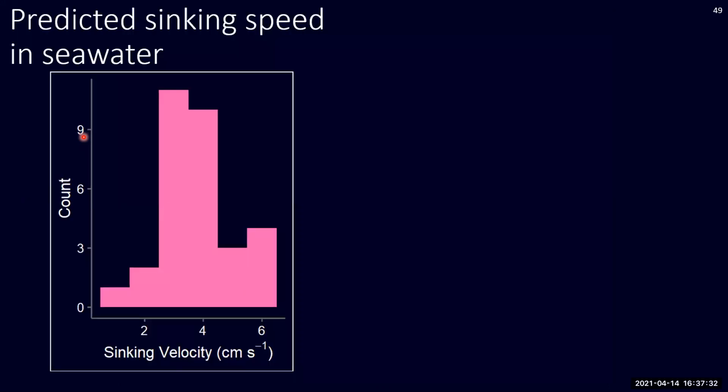So now we can have a look at some of the predicted sinking speeds in seawater. Given that the forams that I was looking at are relatively similar in size, there's actually quite a spread in sinking speeds from 1 centimeter per second to more than 6 centimeters per second.